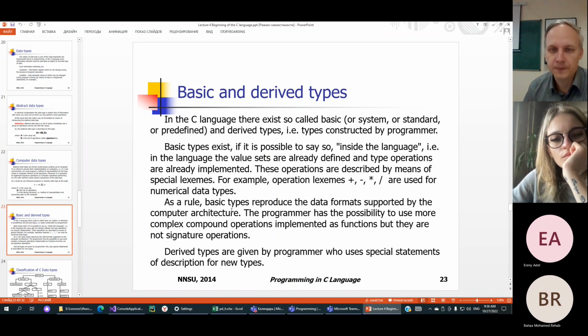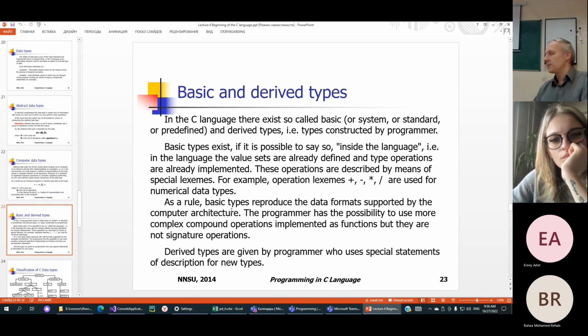In C language, there exist so-called basic or system or standard or predefined and derived data types. So the types constructed by programmer.